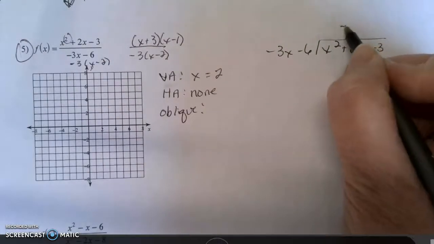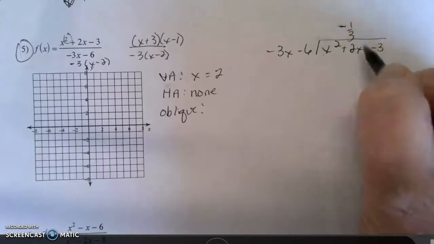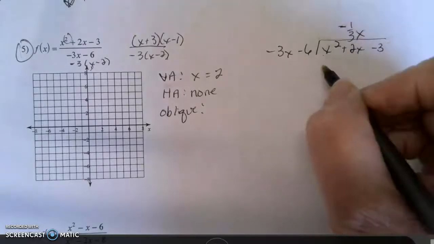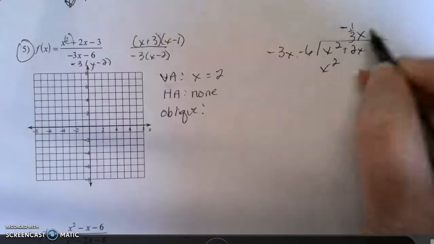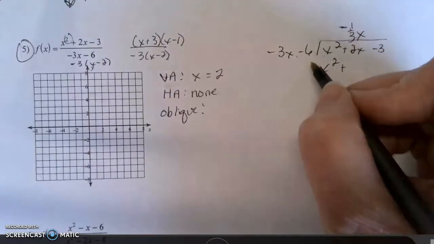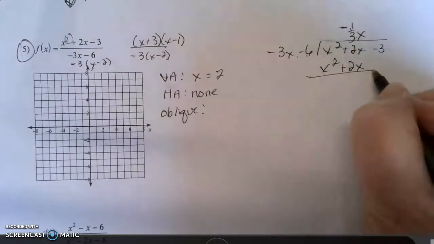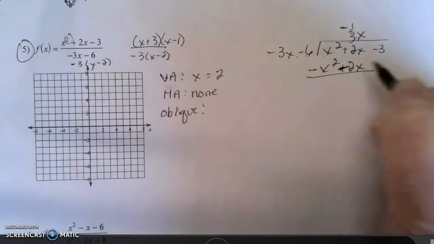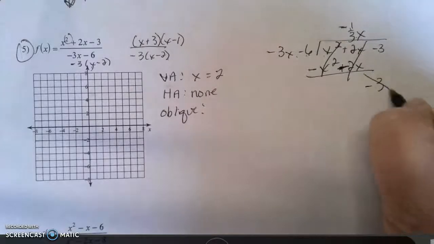So I need to times it by a negative so I can get a positive. I need a 1, so that's 1/3, and I need an x. Negative times negative is a positive. 1/3 of 6 is 2. Draw the line, change the sign, and this is called a remainder.